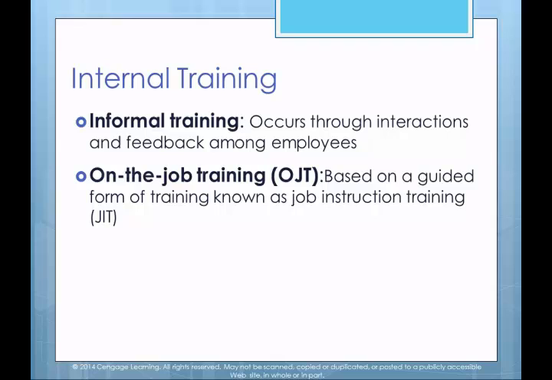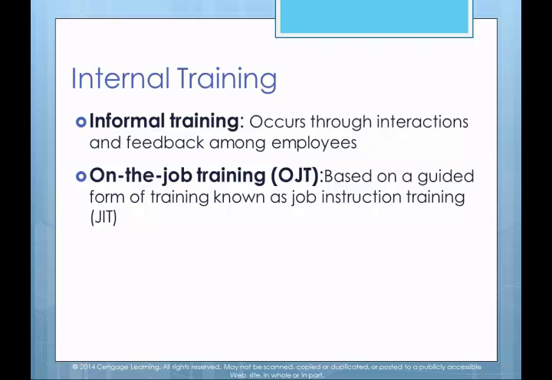So informal training occurs through interaction and feedback. And really, although informal training may seem to be a misnomer, a great deal of learning occurs informally in work organizations. And some of it happens by design.